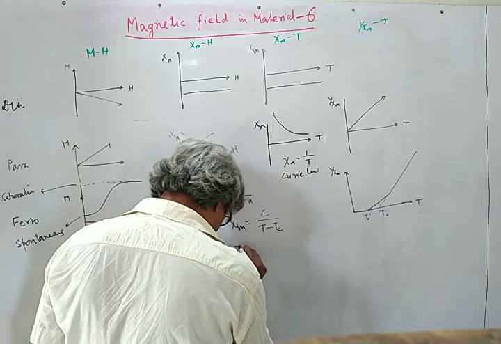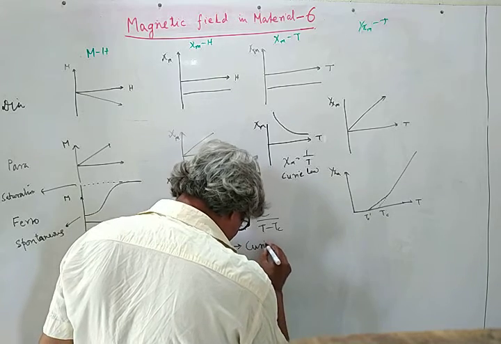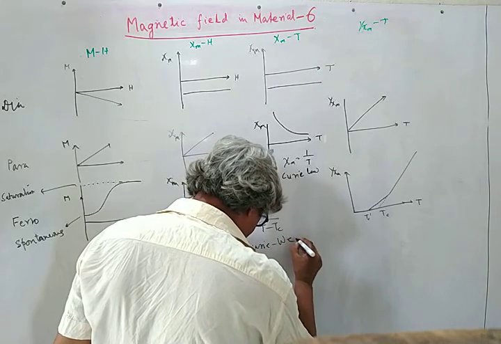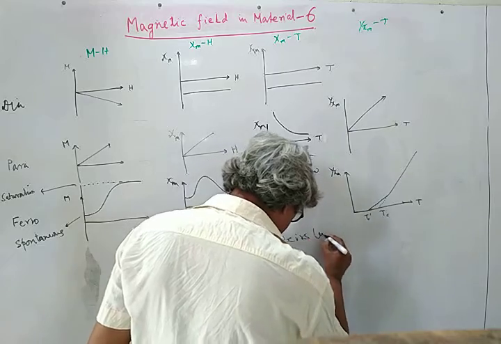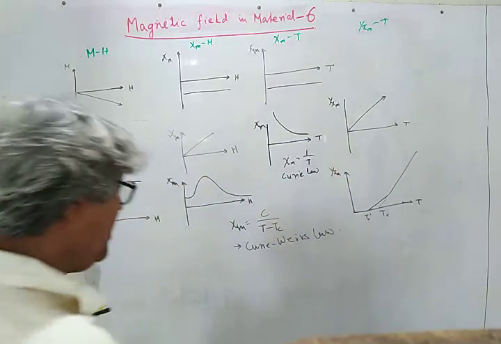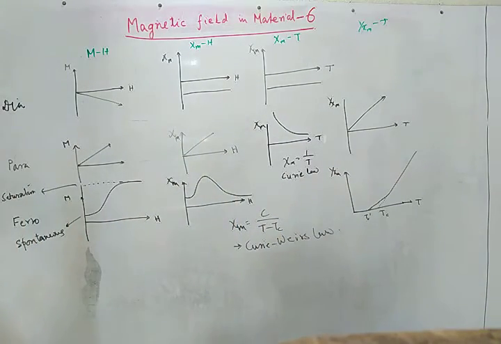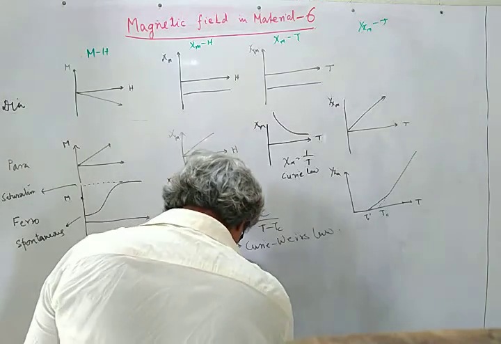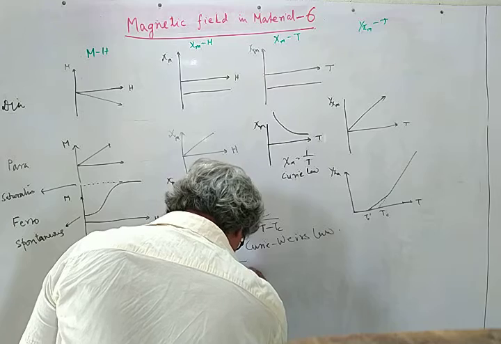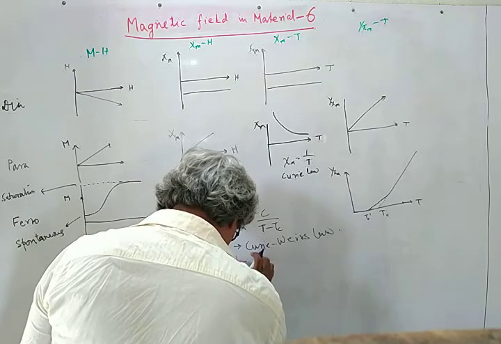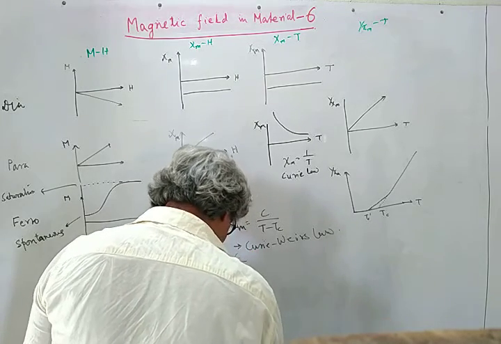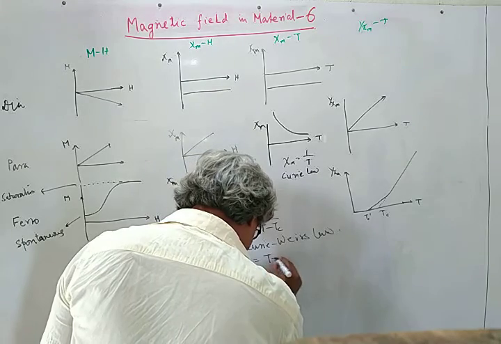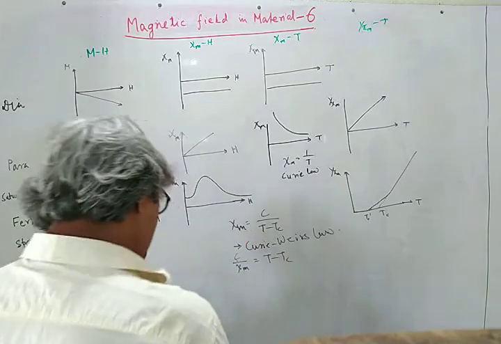This is known as the Curie-Weiss law. So if we plot 1 by chi, or C by chi, this should be T minus Tc.